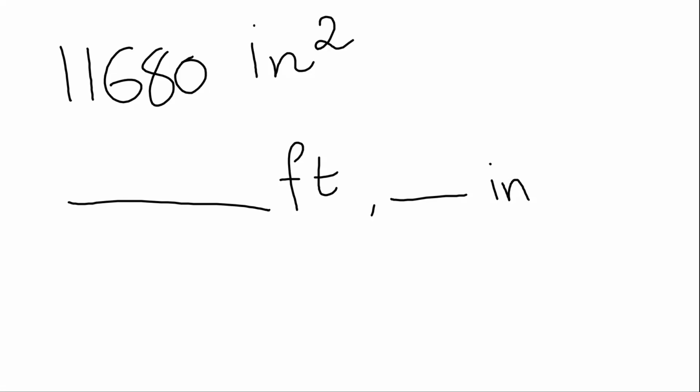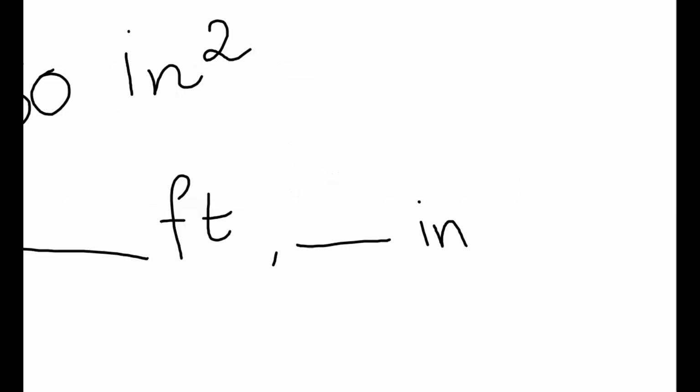So now here we have 11,680 inches squared. I have to convert it to feet and inches. Now, in the previous one, how can we write 13 feet, 4 inches in inches?